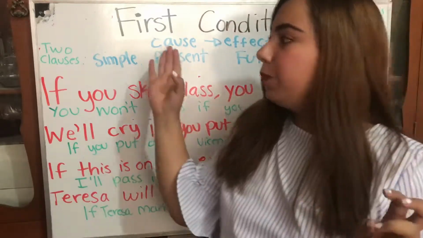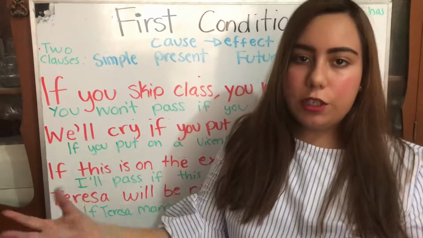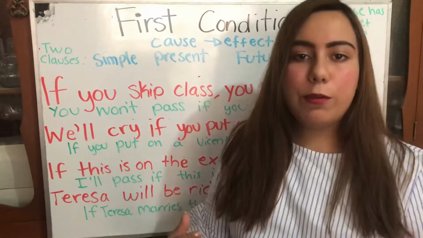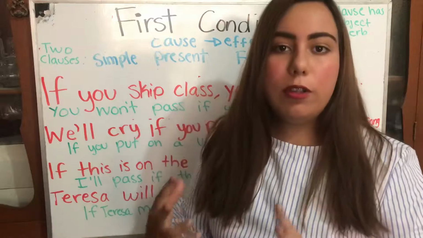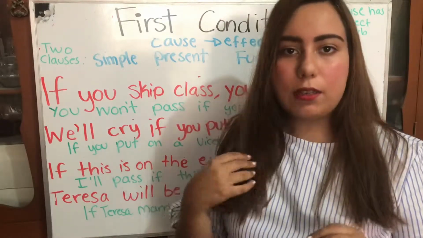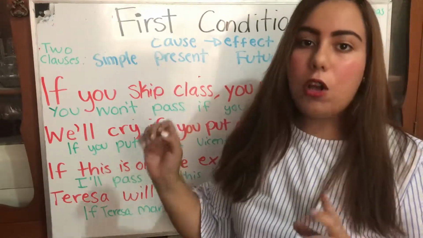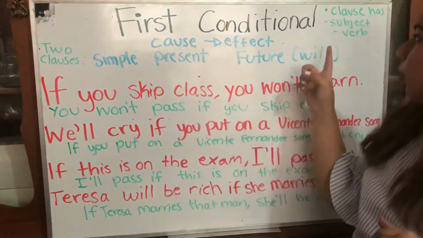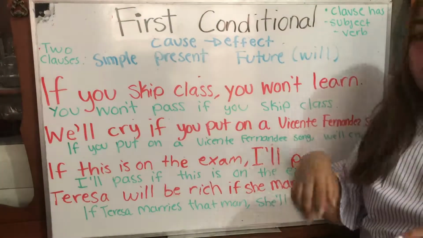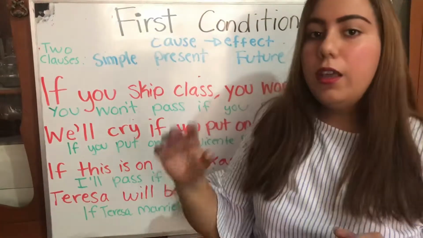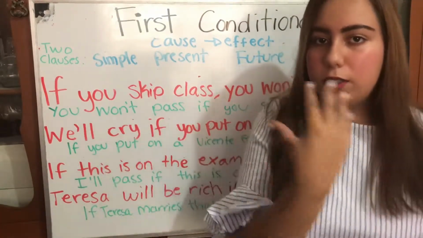Okay, so let's see. What's the difference between zero conditional and first conditional? If you remember, in zero conditional, we had two clauses, and both clauses were in simple present. First conditional also has two clauses. Remember, a clause is something that has a subject and a verb. So we're going to have two clauses, subject, verb, and also a subject and a verb.